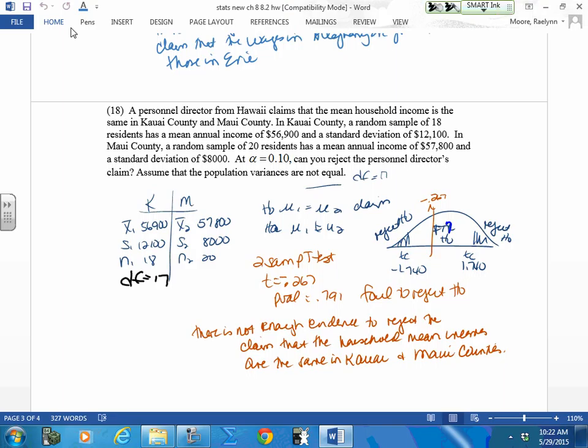You're going to look up in your table, two-tailed test, 0.10, and find your critical values. Then you're going to put this in your calc, and you're going to fail to reject H0. So there's not enough evidence to reject the claim that the households in those two counties are the same.